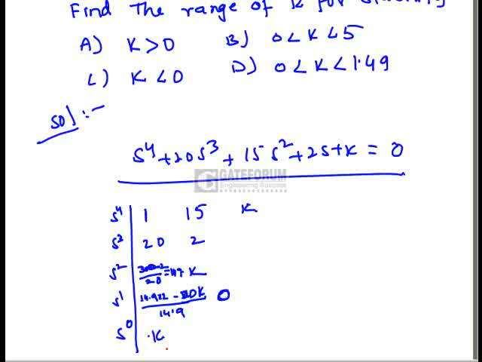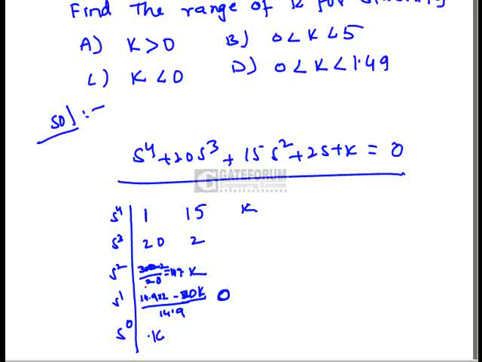Now to decide whether the system is stable or not, if you observe the first column of the Routh-Hurwitz table, all coefficients should be positive. If you get positive coefficients, then the system will be stable. Now 1 is positive, and 20 is also positive.